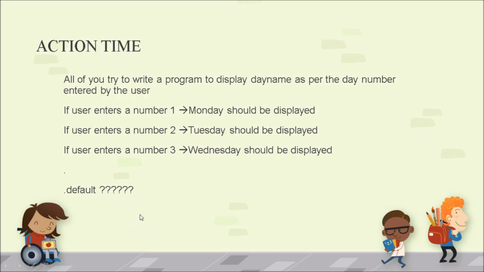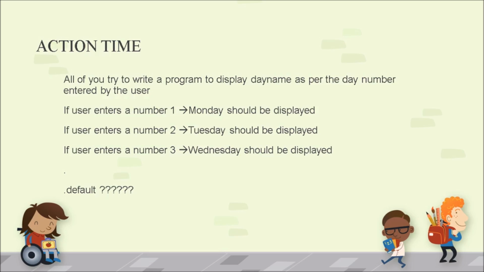Now, what should be the default condition? What should come in else? Think over it. I'll give you a minute. Any guesses? So, let me tell you, the default is the numbers should be between 1 to 7, 1 for Monday and 7 for Sunday, because we have 7 days in a week.